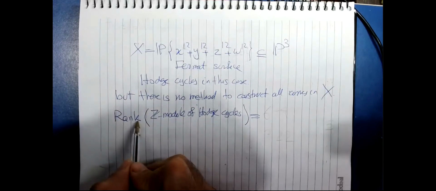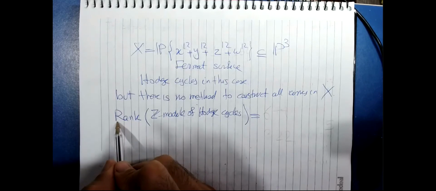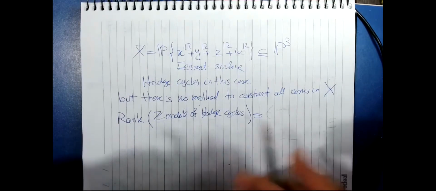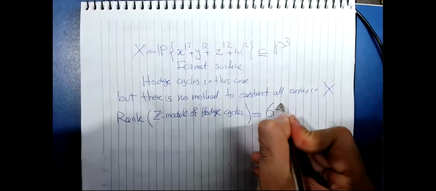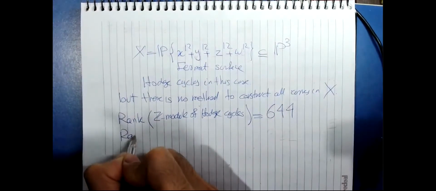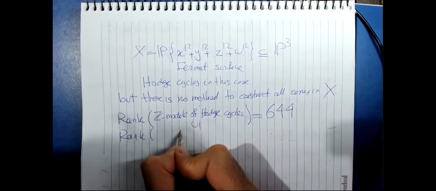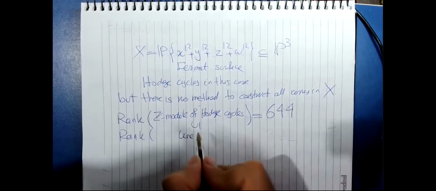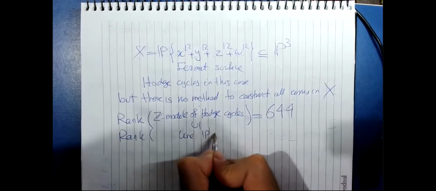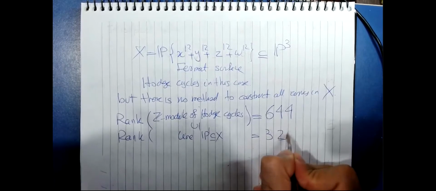For this example, after a good amount of computation, we can prove that the rank of the Z-module of Hodge cycles is actually 644, but the rank of the submodule generated by lines P1 inside X is 322.